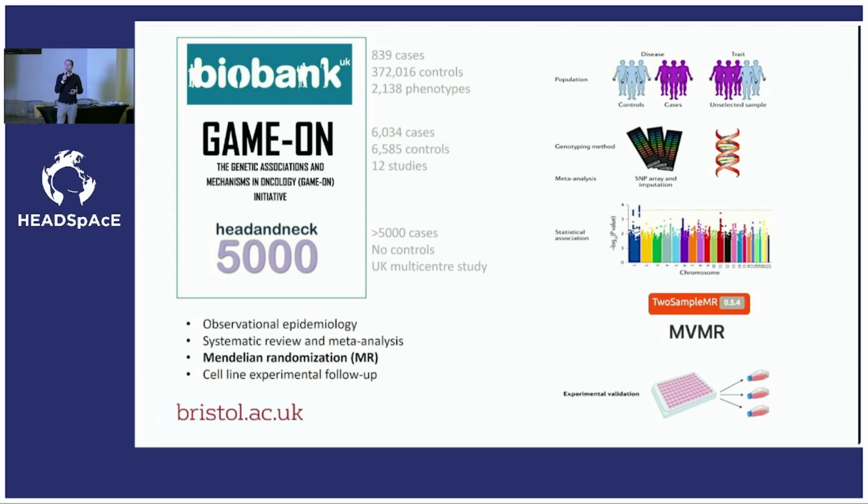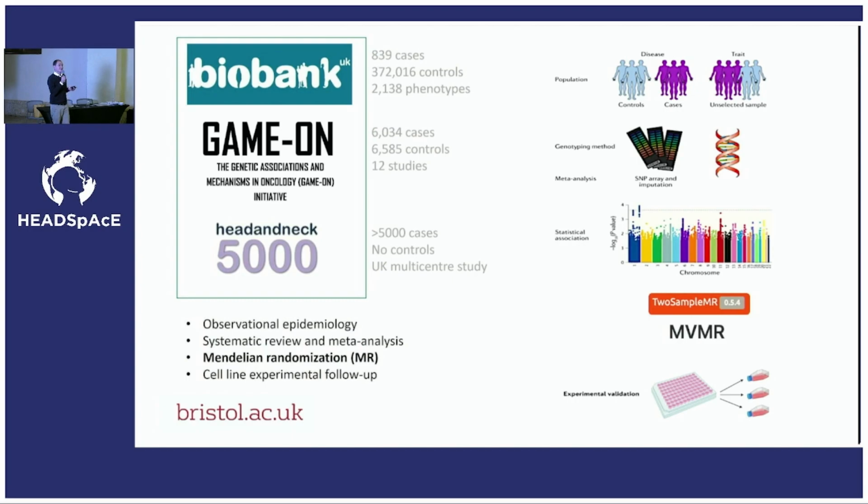And as Tom actually talked about during his talk, in order to look at more downstream causal effects using techniques like Mendelian randomization, we need large genome-wide association studies. And we can use these population data sets to do that, where we have both cases and controls genotyped using SNP-chip array panels.